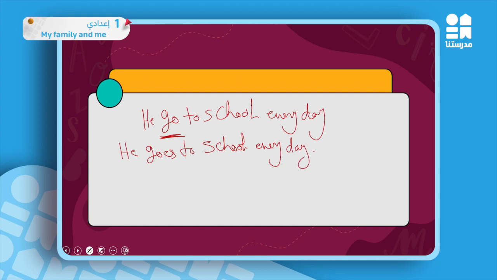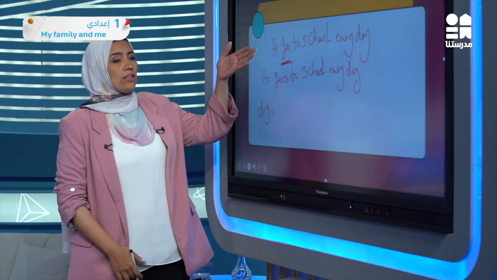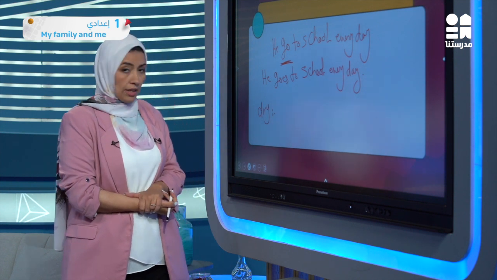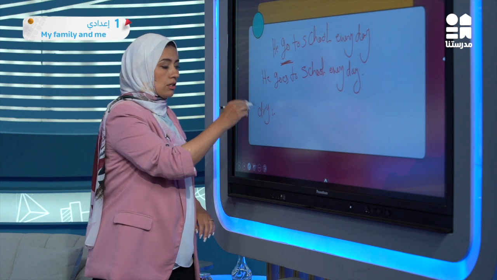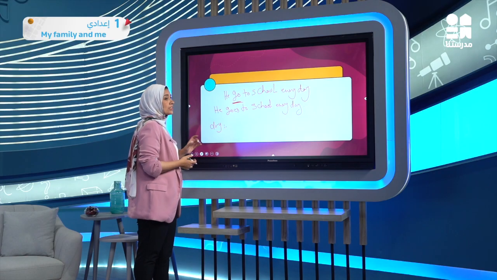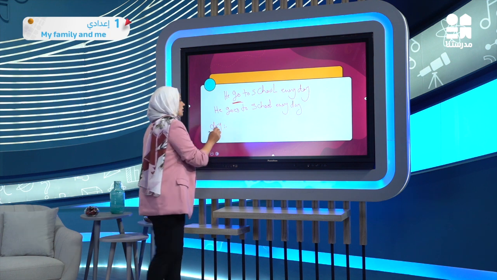طيب. Another example. If I want to use the verb, maybe dry, with one of the third singular pronouns, what should I do? I have to cross the Y and put IES. طيب, can we put it in a sentence? Yes.